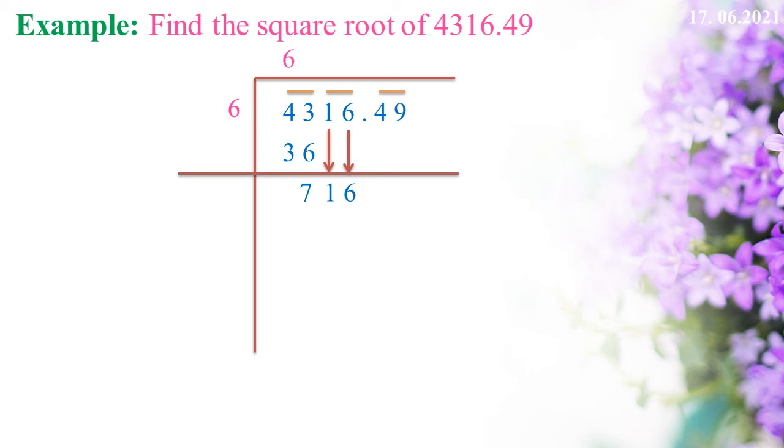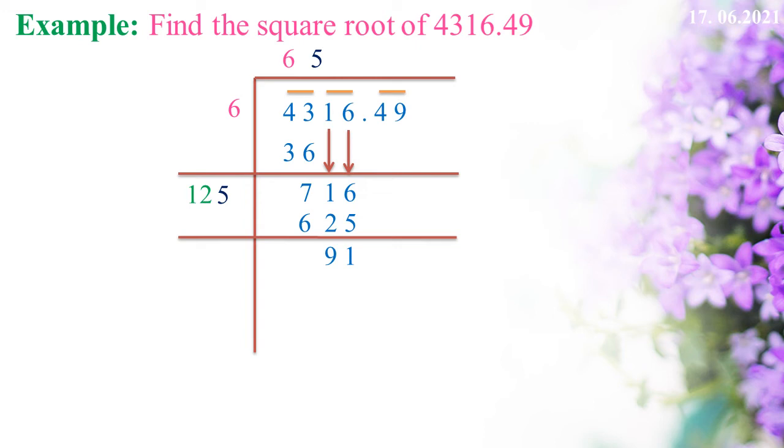On doubling the quotient 6, we will get 12 and annexing with it a suitable digit. Here, the suitable digit is 5, which is also taken as the next digit of the quotient. Then, multiply 5 and 125, we will get 625. Next, subtract 625 from 716. We will get 91 as the remainder.